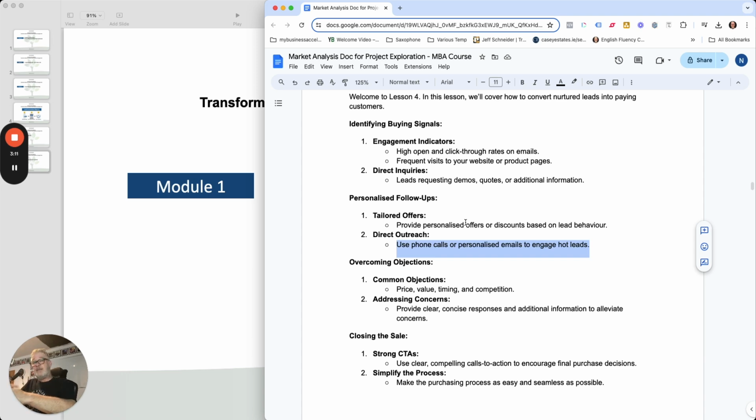And again, even the SMSs can be automated. So there's lots to do here, and the possibilities are endless. The objective of this course is to guide you step by step through the process where you can simply run one ad, get leads, nurture those leads effectively, and then filter them in a way that you can identify the hot leads, because we're interested in the hot leads.